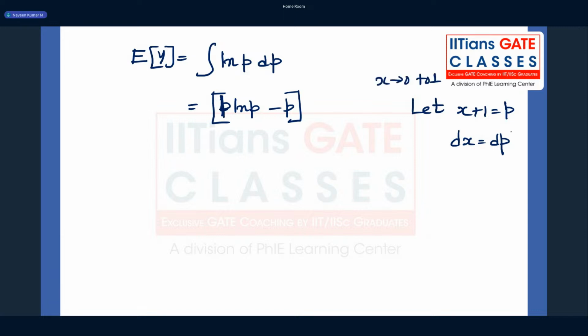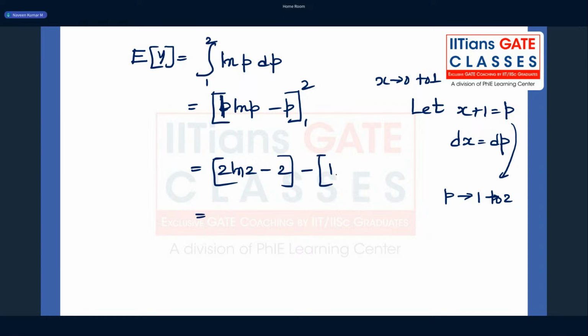So here p varies as x plus 1, so it is 0 plus 1, 1, to 1 plus 1, 2. So p varies from 1 to 2. Substituting, we get 2 ln 2 minus 2, minus 1 into ln 1 minus 1. If you do the calculation, you will get the answer as 0.386. So that is the value for this question.